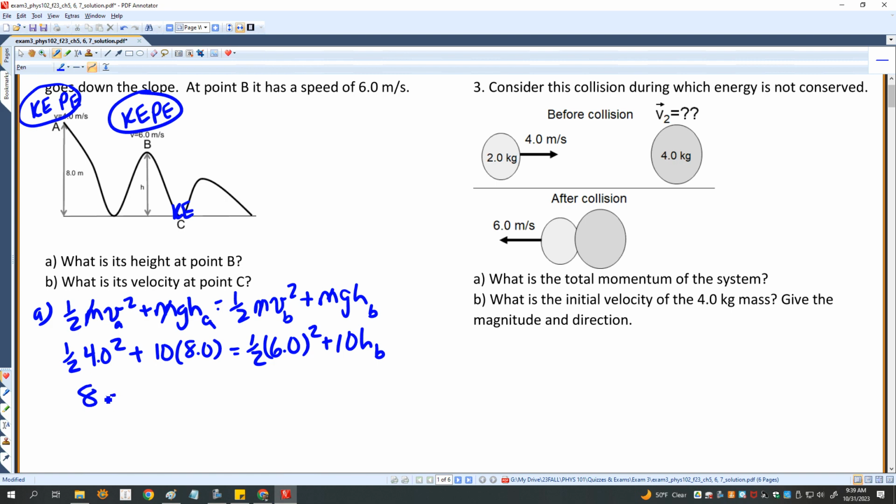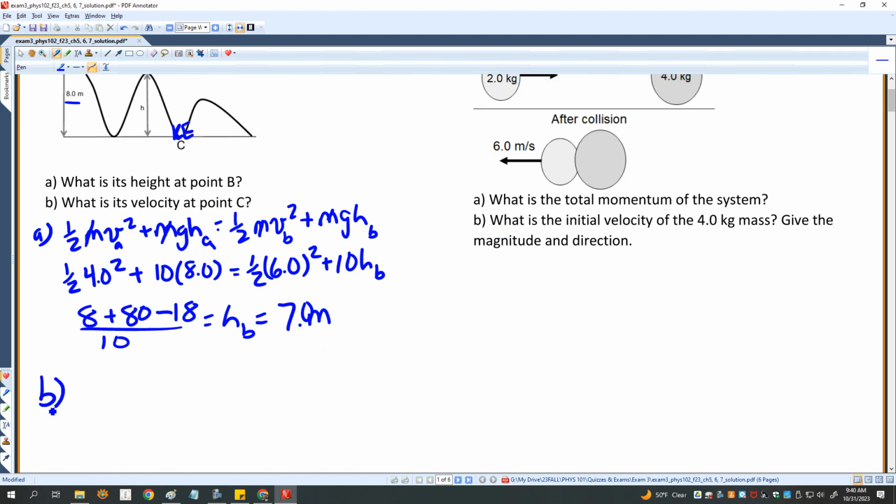It's 8 plus 80 minus 18 divided by 10 is equal to HB. 70 divided by 10 is equal to 7 meters. 7.0 meters, which makes sense because I know that it should be lower than it was here.